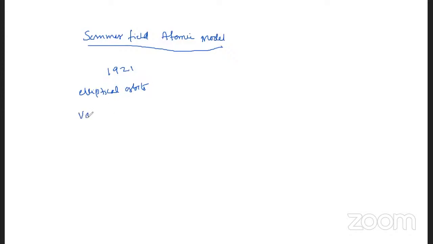By taking these two into consideration, he overcame the drawbacks which we have in the case of Bohr's atomic model, and he proved experimentally whatever he had assumed.